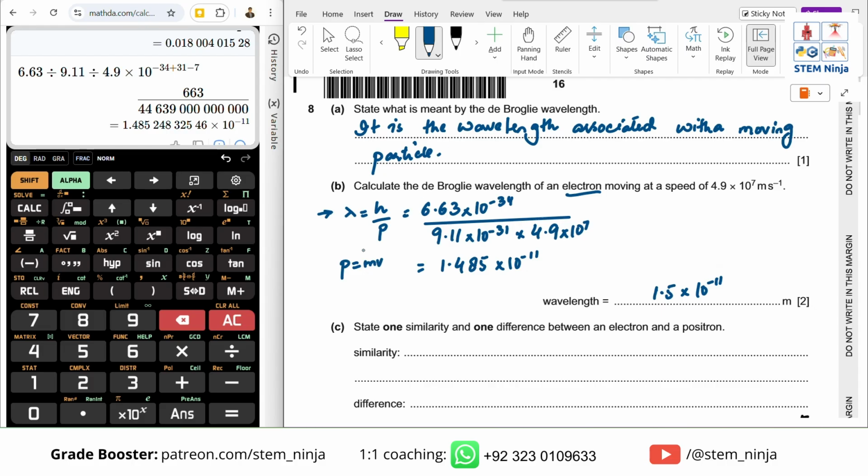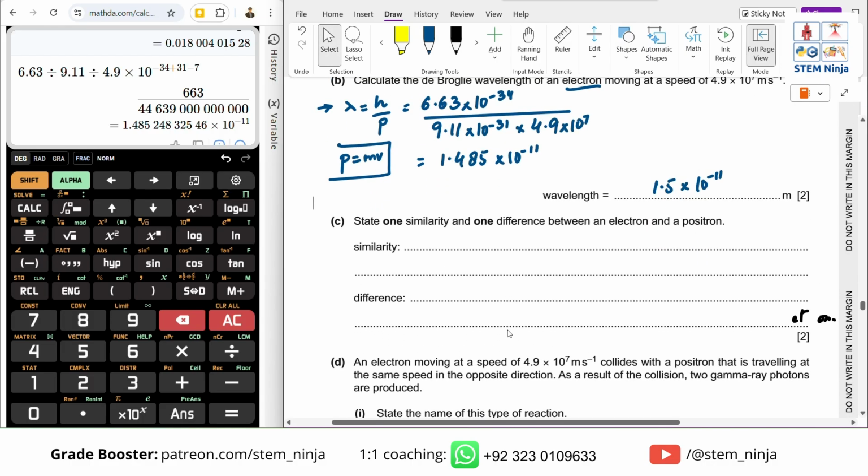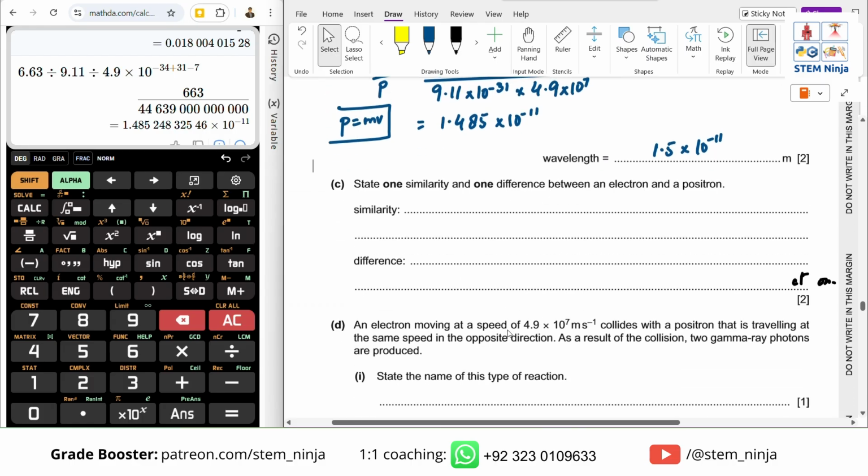Okay, sorry, this one was separate. State one similarity and one difference between an electron and a positron. What we can say is that they possess the same magnitude of charge, they have the same mass, and they both belong to the same fundamental particle category, which is leptons.